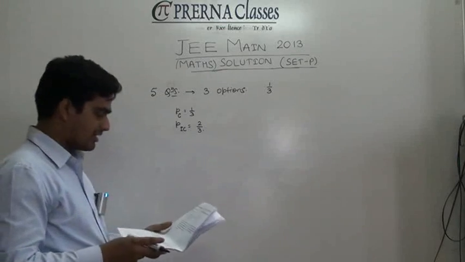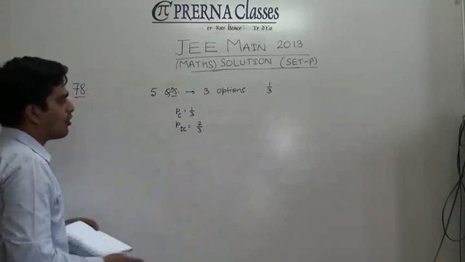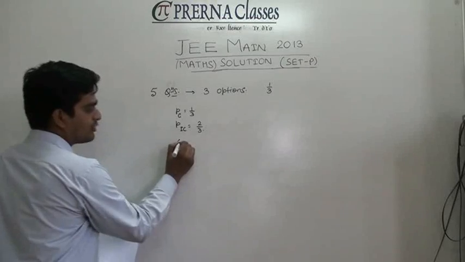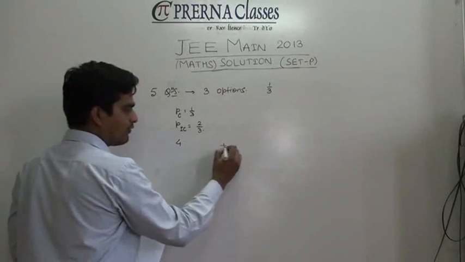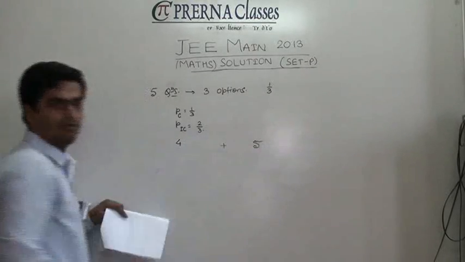What we need to manage in this case is that a student will get 4 or more correct answers. So you have to consider 2 situations. Either he has got exactly 4 correct answers or he has got all 5 correct.